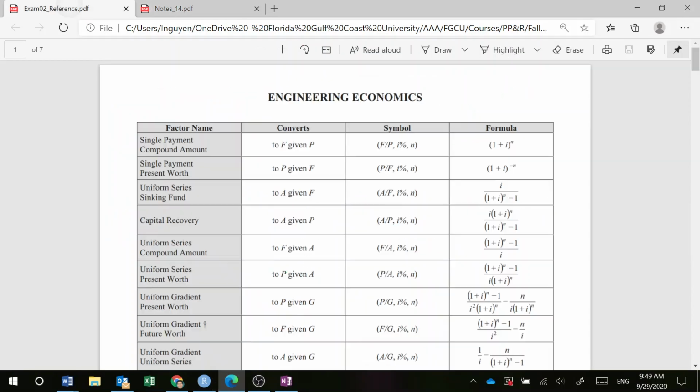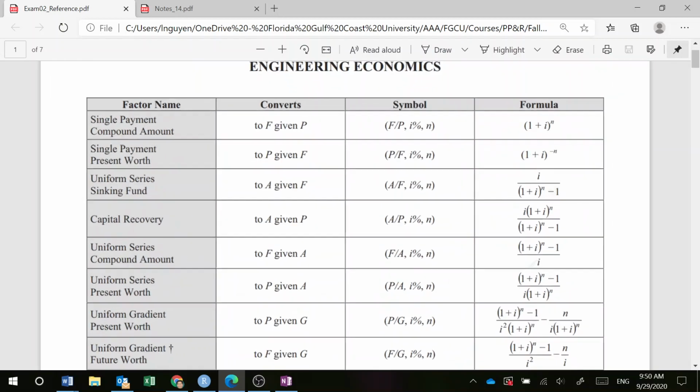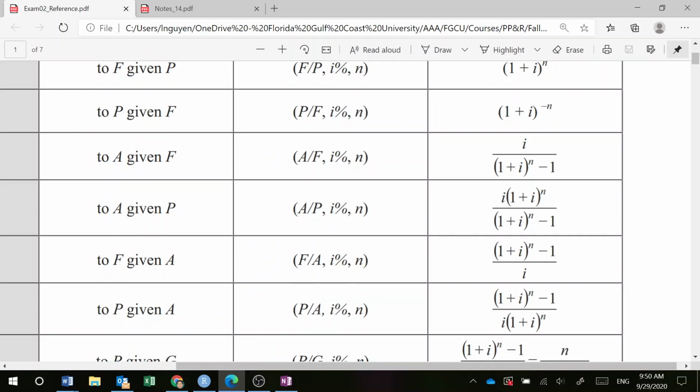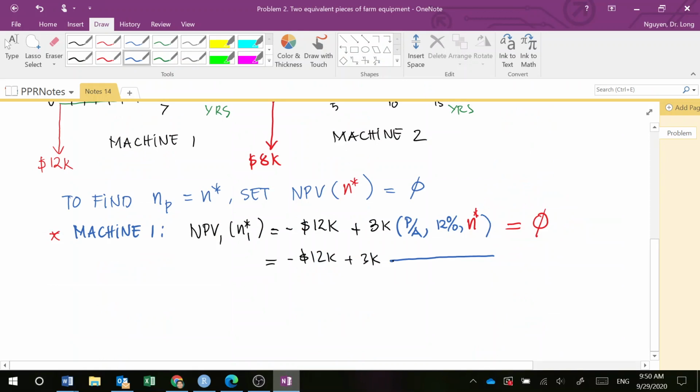Go back to your reference, and for P over A, we have that equation: 1 plus I to the power N, minus 1, over I times 1 plus I to the power N. So going back to here, we have I equal to 12%, and 1 plus I to the power N, in this case N star.